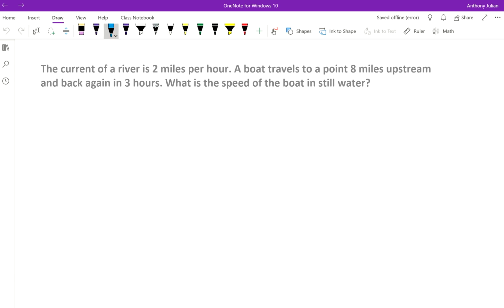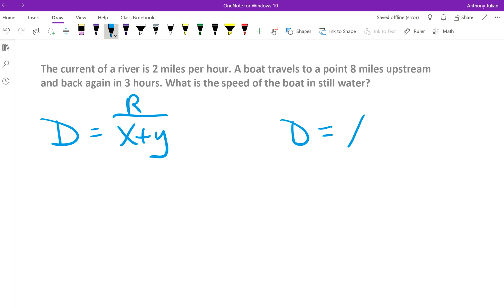So when we're looking at motion where we're going uphill or downhill, with the wind or against the wind, I want my formula to be distance equals the rate, but the rate now is going to be x plus y. Another equation is going to be where the distance equals x minus y for the rate, and then you will multiply that by the time on the right side.